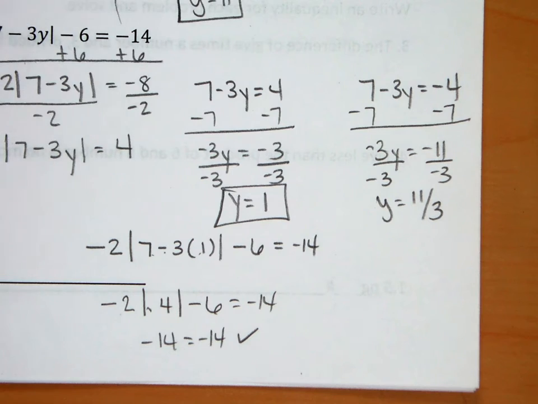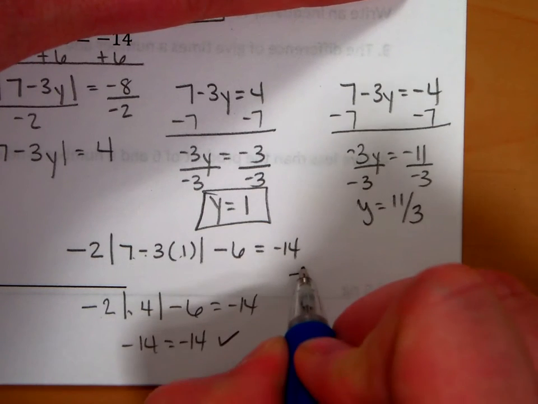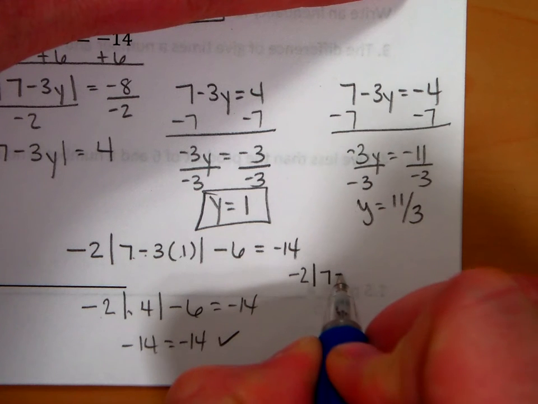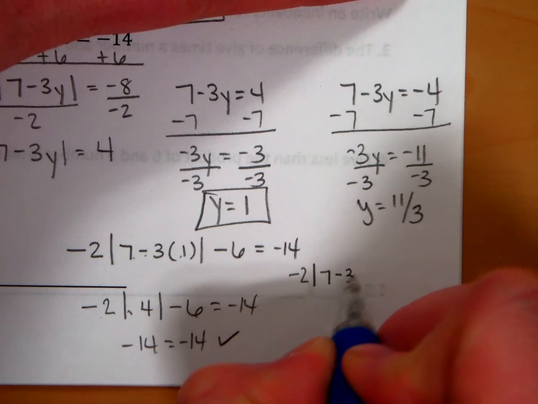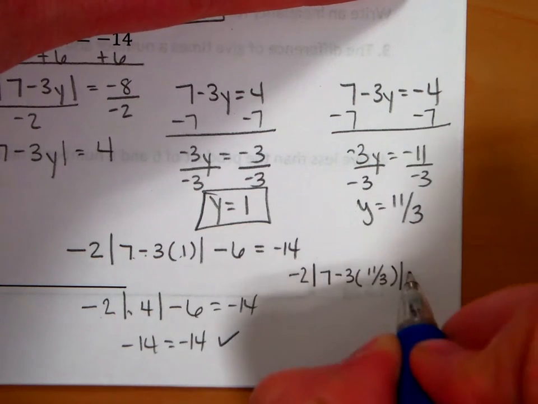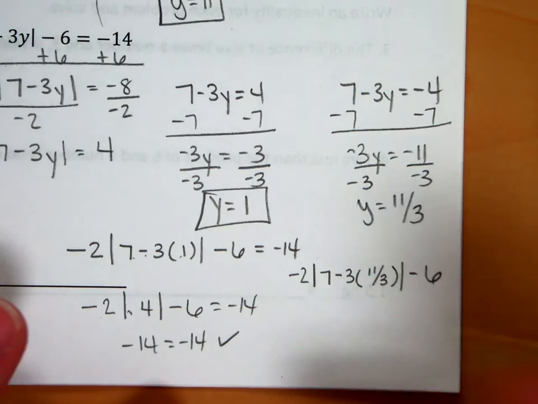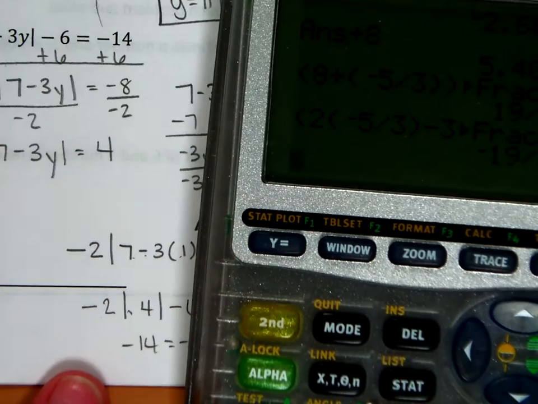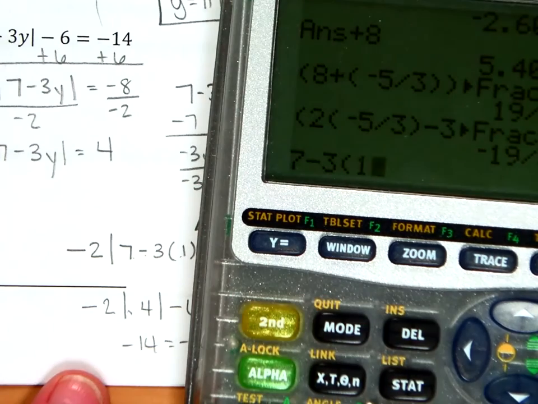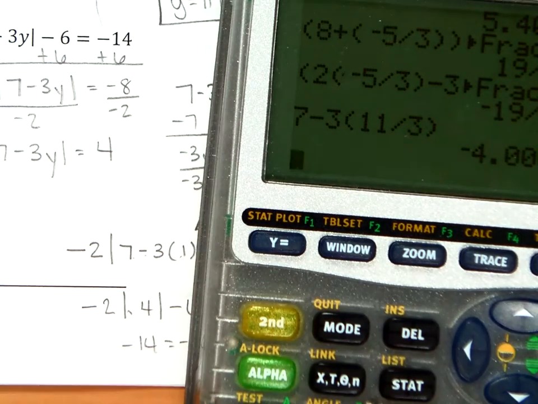And then plugging in the other one. Please bear with me on my math. Negative 2, absolute value of 7 minus 3 times 11 thirds, absolute value, minus 6. When I simplify this, if that comes out to be negative 14 as well, then we know it's a true solution. So, in my calculator, 7 minus 3 parentheses 11 divided by 3 gives me negative 4.